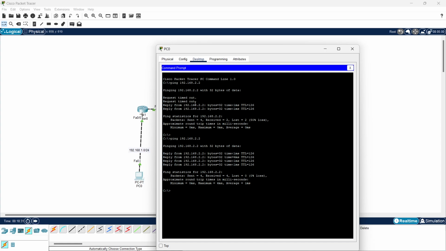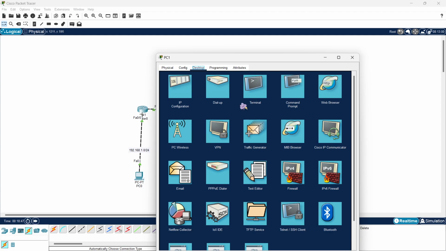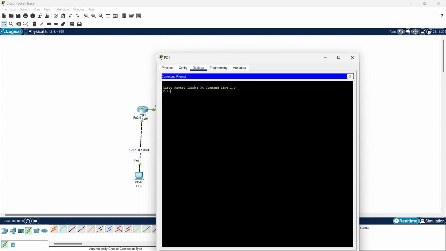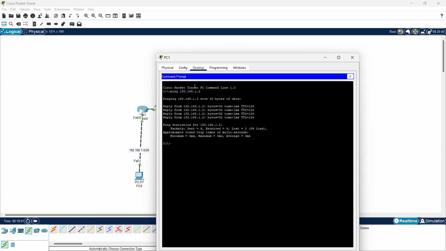For the next one, why is it successful? Because the network of PC 1 now already knows about the network 2.0. So for the next, we can try from the right PC. We ping it again. Okay, it's already successful because the network 2.0 now already knows about the 1.0.